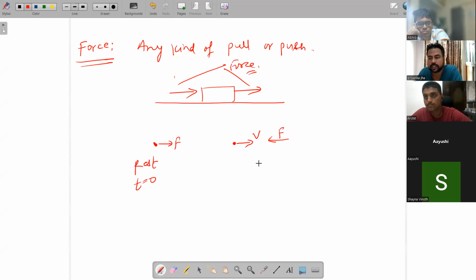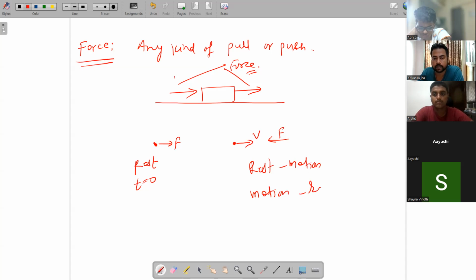So it will change the state of the object from rest to motion or from motion to rest, right?